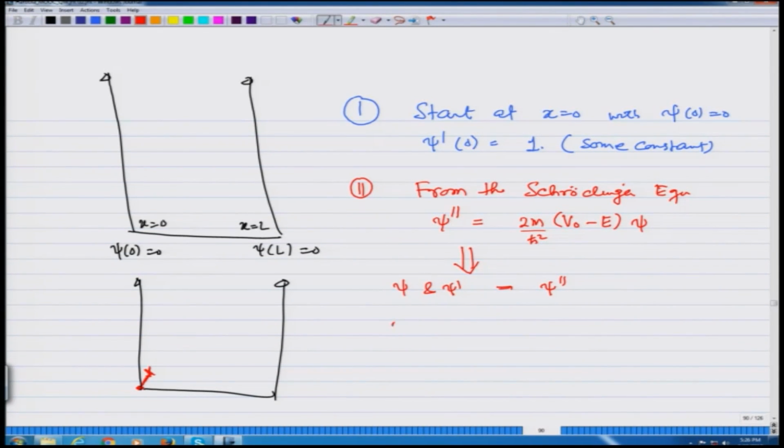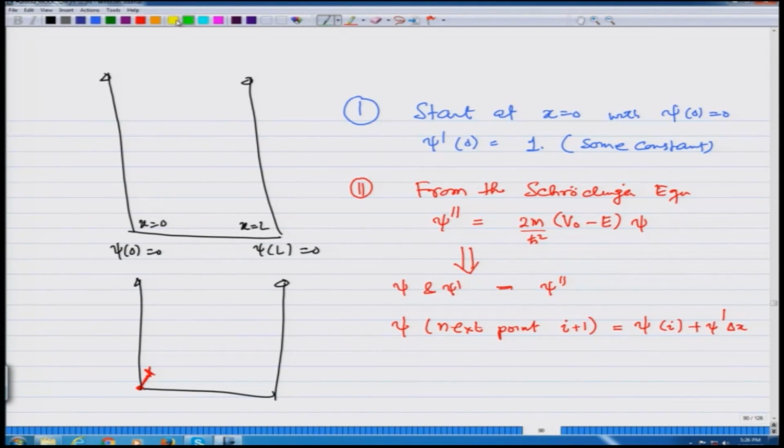and so I can write psi at the next point, let me call it I plus 1th point, is equal to psi at point I plus psi prime delta x.